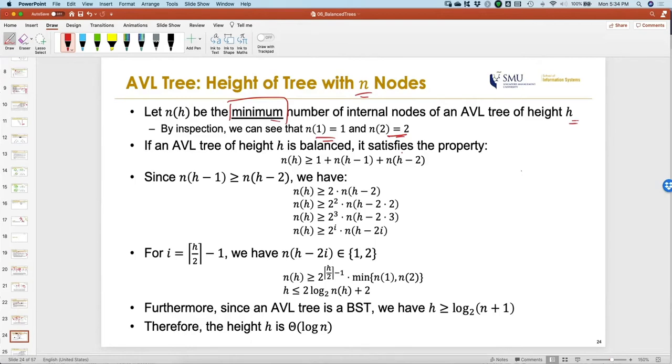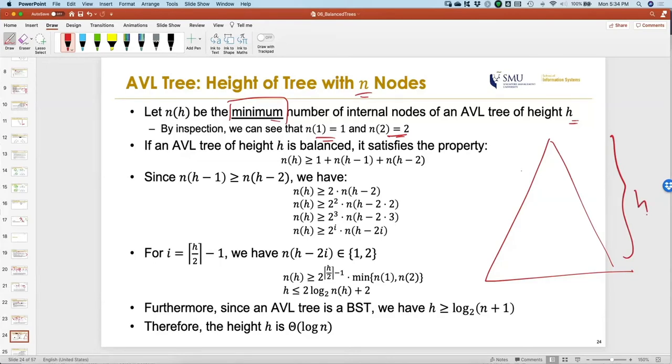Okay, so then we are going to, well, in some sense, you can think of it like an induction step, right? We can establish the particular relationship between a tree of a particular height and its subtrees. So let's say I know ahead of time that I have a subtree and the height of the tree is h.